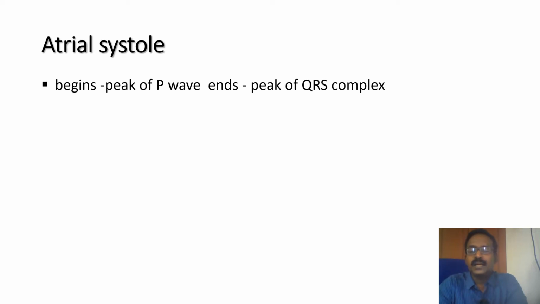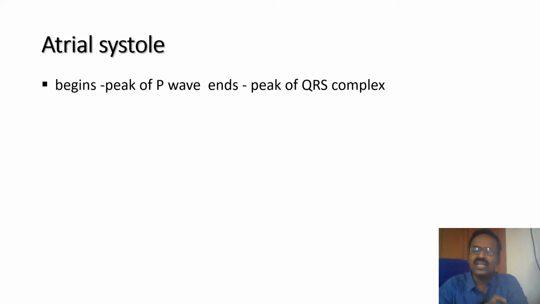It begins with the peak of the P wave in the electrocardiogram and ends with the QRS complex. During the atrial systole, the atria contract and push the blood to the ventricle.